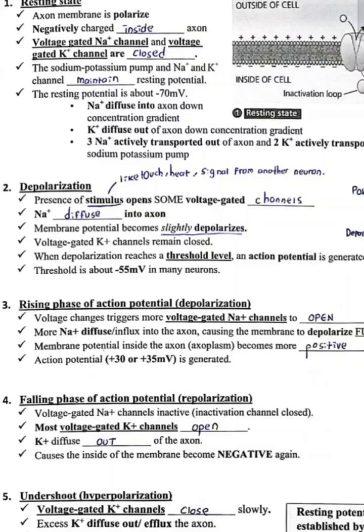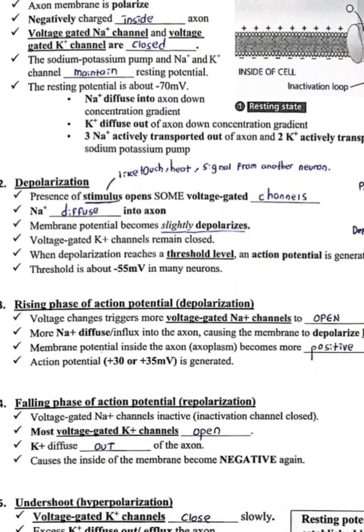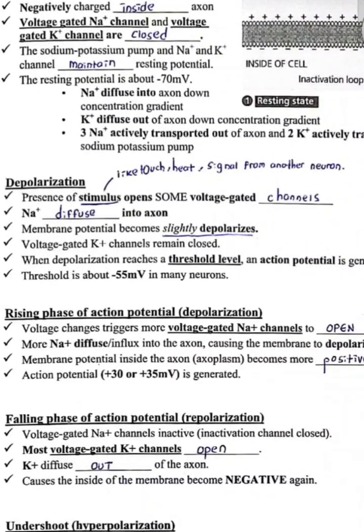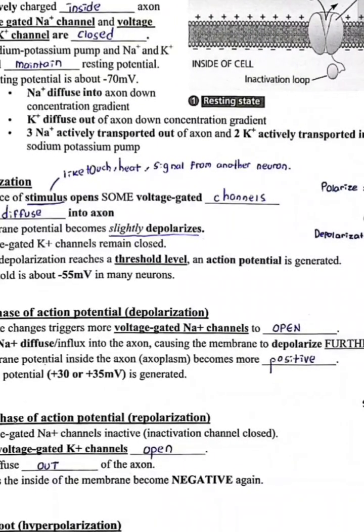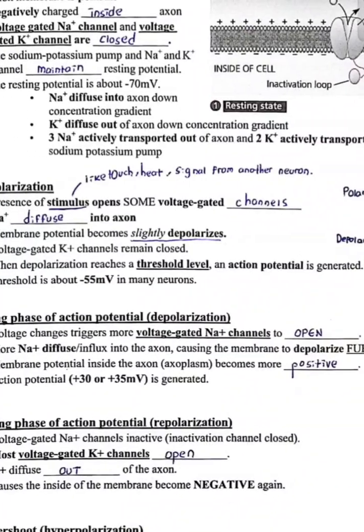Then, if the voltage-gated channels open, Na+ will diffuse into the axon. So the membrane potential becomes slightly depolarized, but the voltage-gated K+ channels remain closed. So when depolarization reaches a threshold level, an action potential is generated.